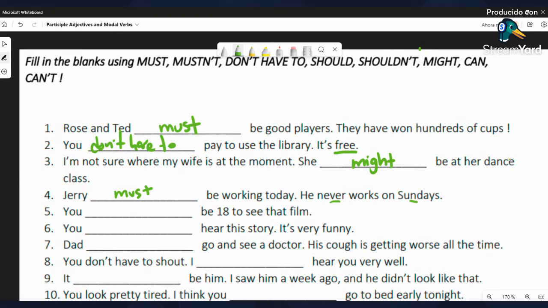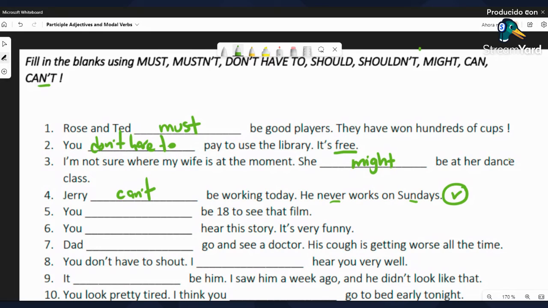I'm sorry, I made a mistake here. This is not right, because if today is Sunday, he's not working, right? So the correct answer should be can't. He can't be working. So he's not in the office because he never works on Sundays. Yeah, you guys are correct.